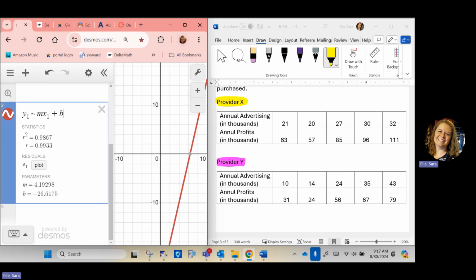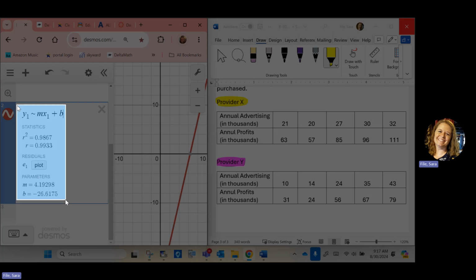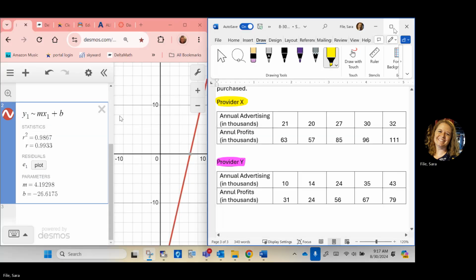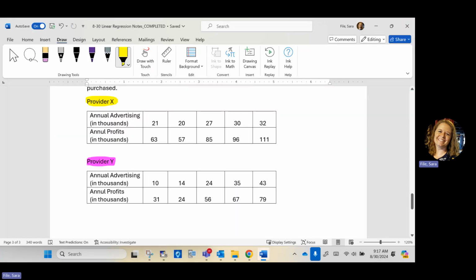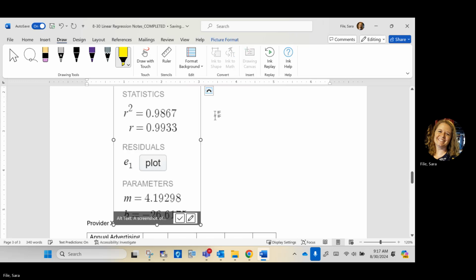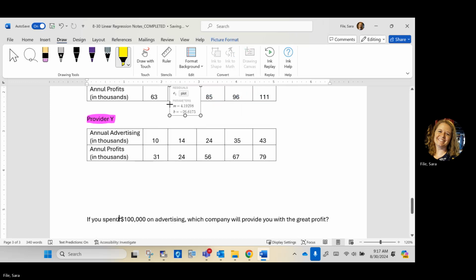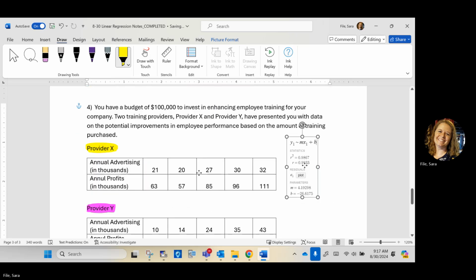And I'm going to get this info, and this represents provider X. I'm going to put this next to my data. Okay, so this is provider X.